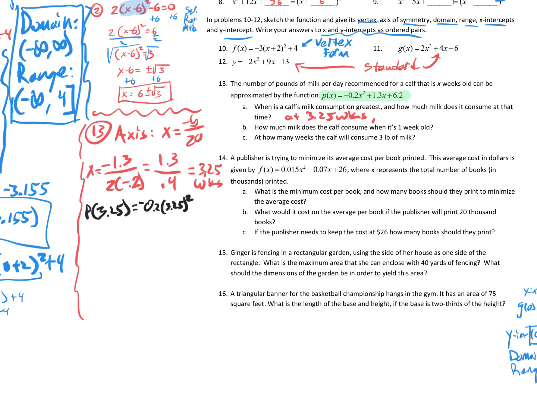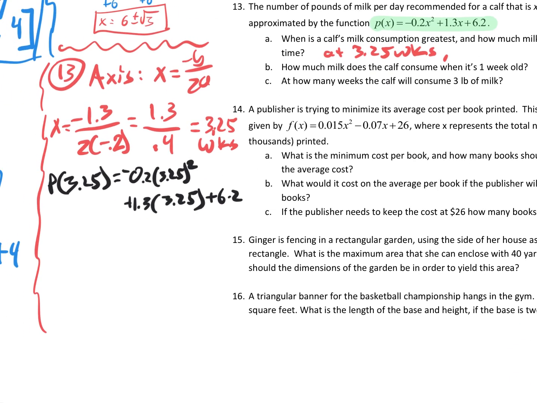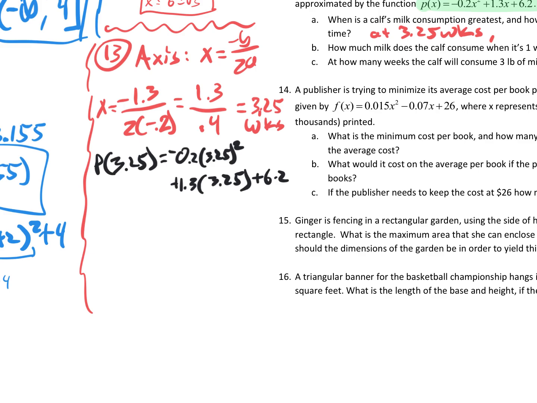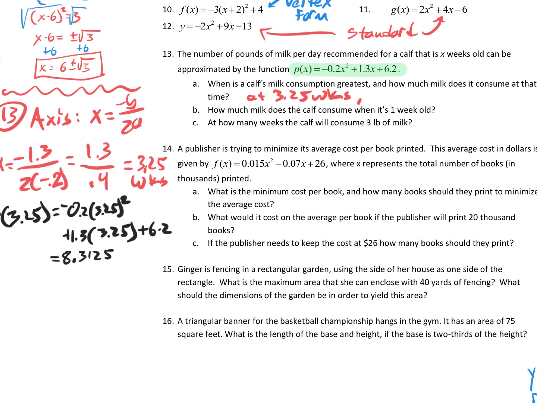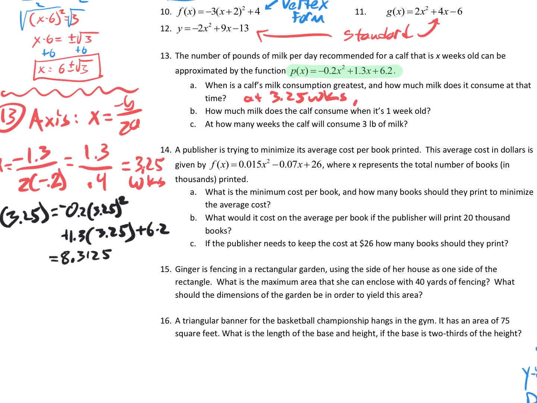Negative 0.2 times 3.25 squared plus 1.3 times 3.25 plus 6.2. Okay, so we'll calculate that. That gives us 8.3125, and so that is number of gallons.